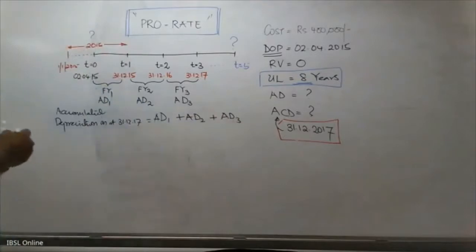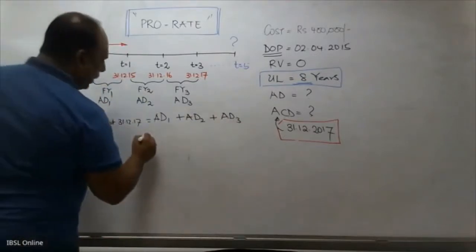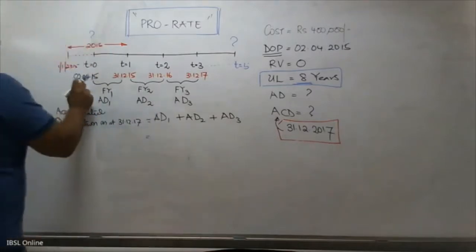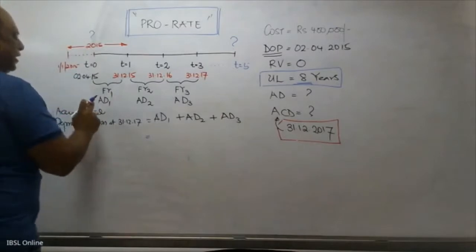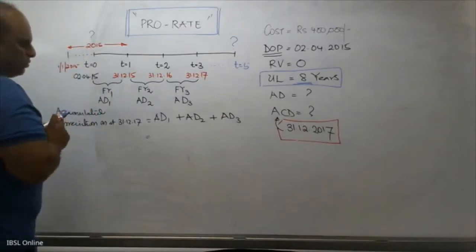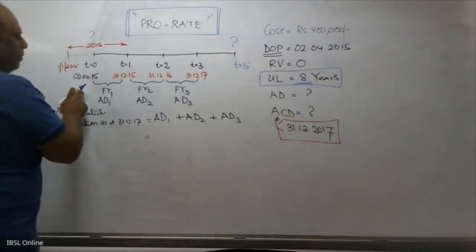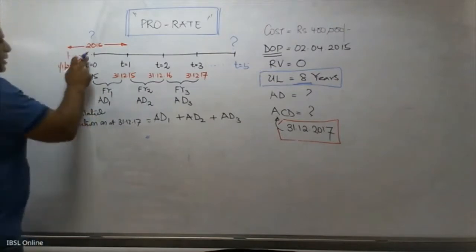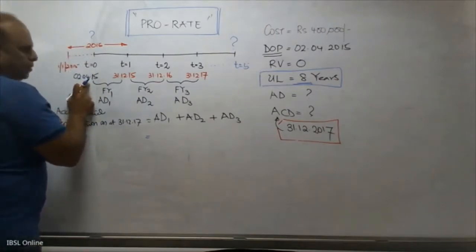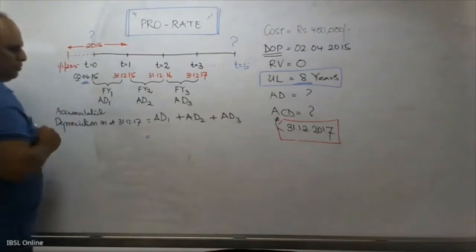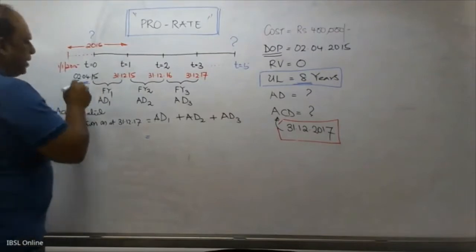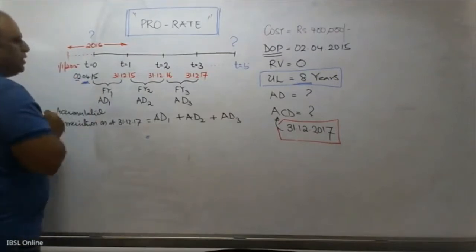Right? So now look how it is going to be. AD1, that is the year of purchase. Now we know for a complete financial year, the depreciation was 50,000. But here the company has purchased it only in April. Don't go into the details of number of days when you are doing questions. Go on the basis of the month. So you consider the month that it was purchased.